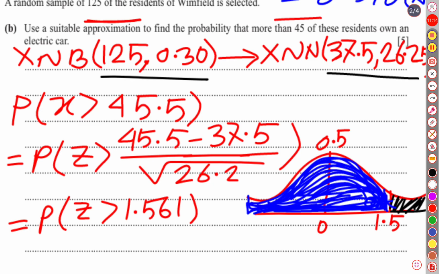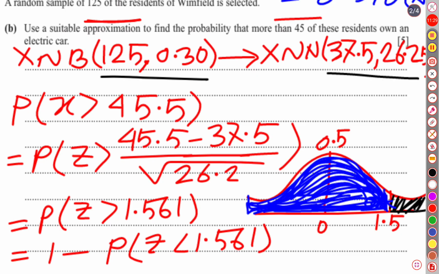That means our z-score probability is going to be 1 minus the probability of z less than 1.561. So we will just subtract the corresponding probability which is lying on the left side from the whole of the probability. Then we will get this tiny black part as our probability.